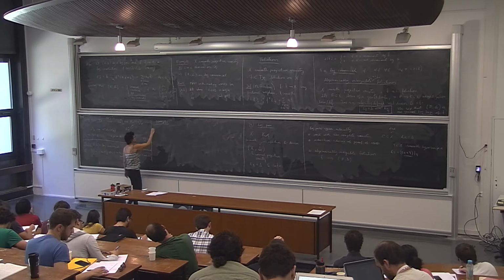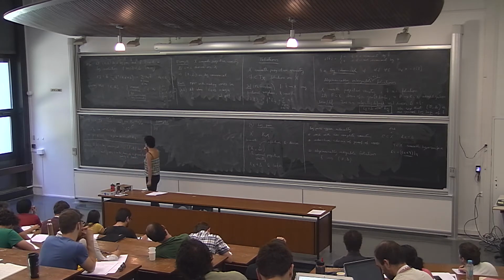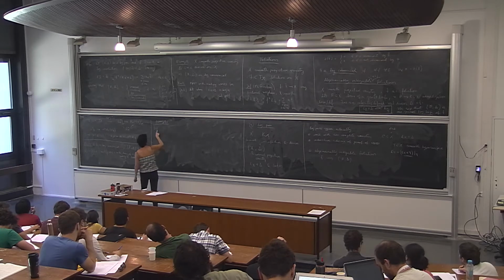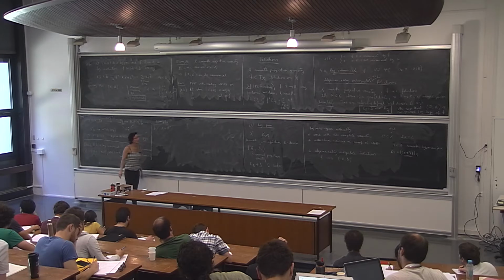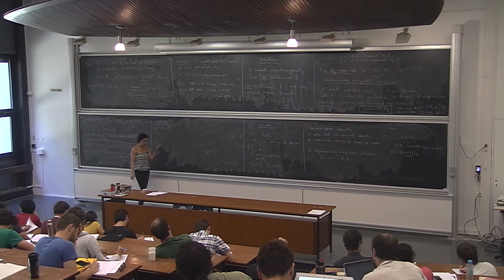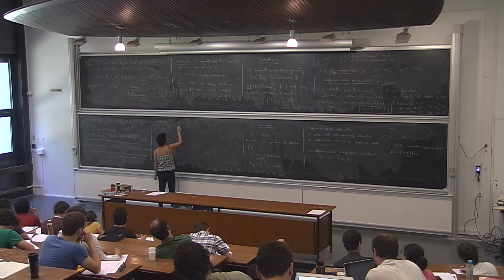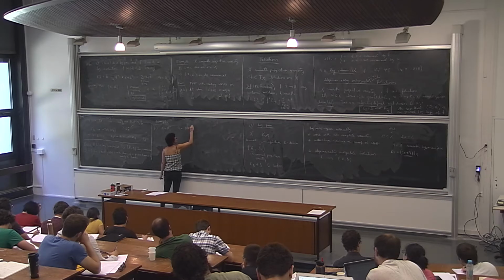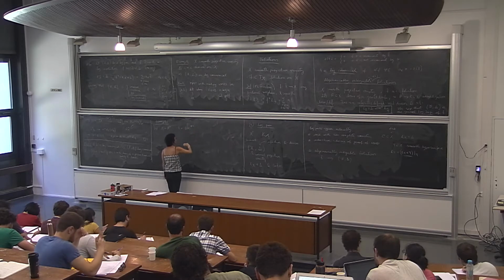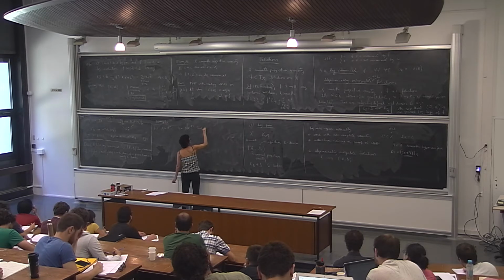Let's start with X is P^n, and let's consider a linear projection. So I take F to be some direct sum of O(1)s in T_X.